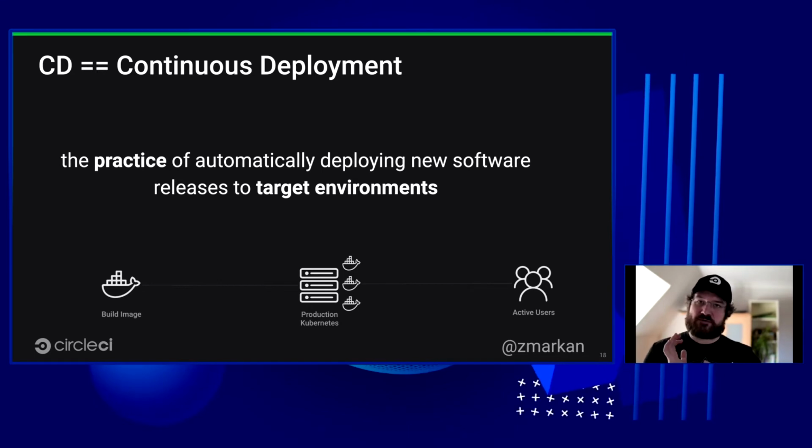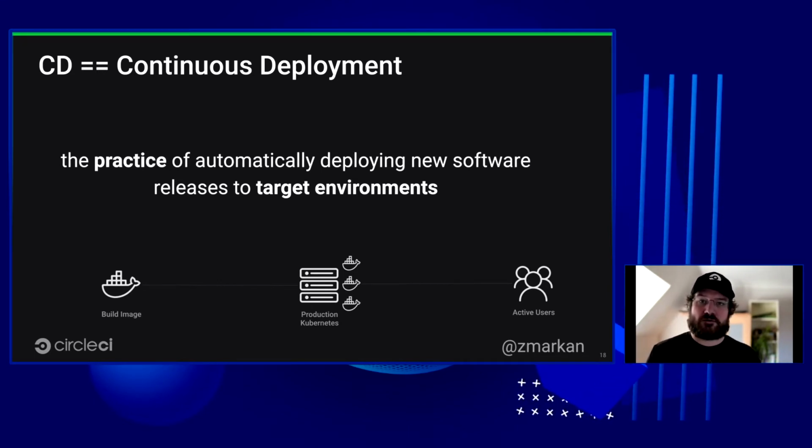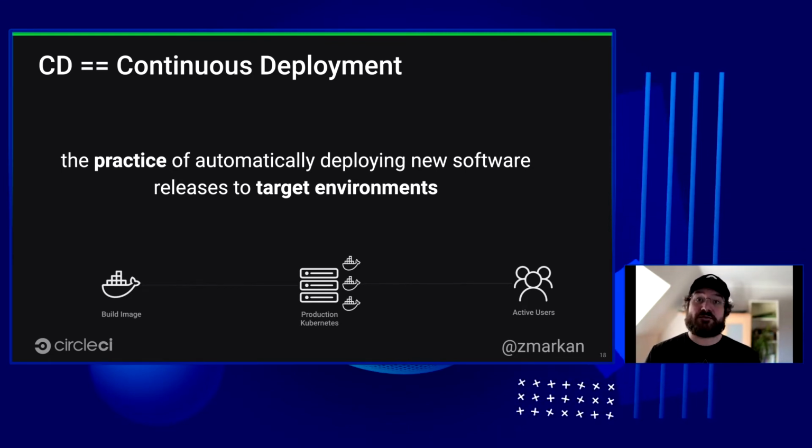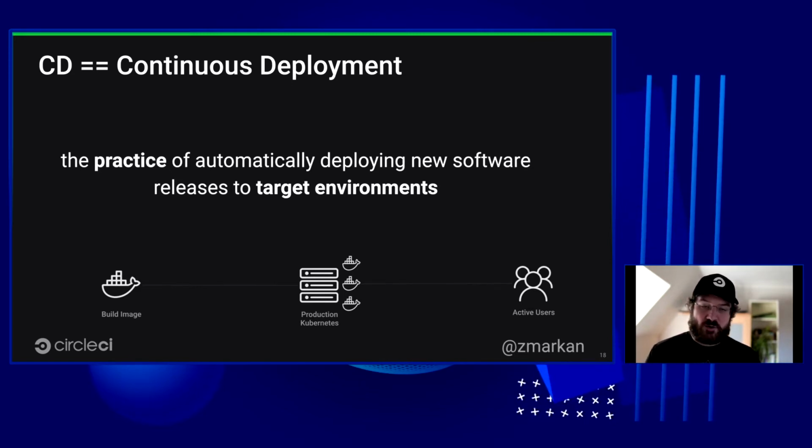For example, we've built our Docker image. And now we want to deploy this to the environment, whether that's a production environment, a staging environment, a development environment, a testing environment. It doesn't really matter what kind of software we're building, as long as we are setting up and writing the exact steps that need to happen in a reproducible manner, so that our software is ultimately delivered to the users.